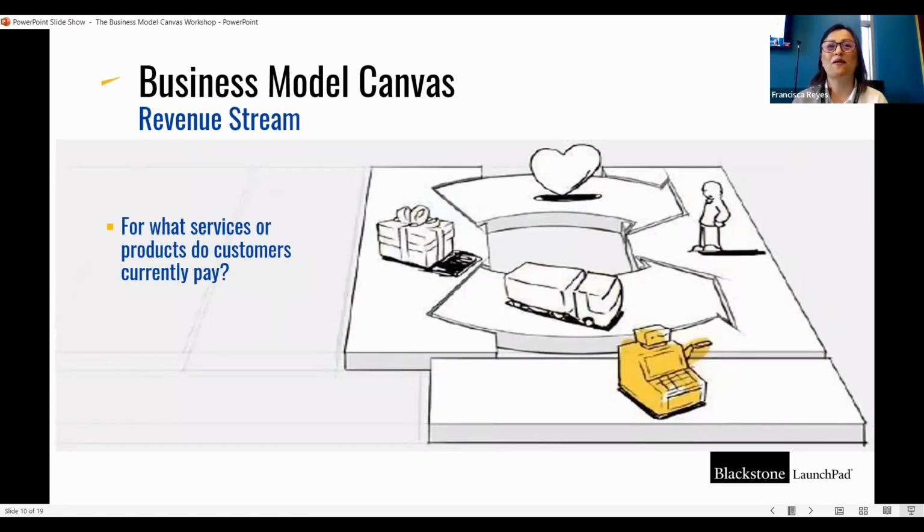The next question is about money. Sometimes people get scared about this because it's like, how are we actually going to price things, or how are the customers going to pay for the product or service that we're offering them? Some people say, oh, I'm going to copy the prices from the competitors.